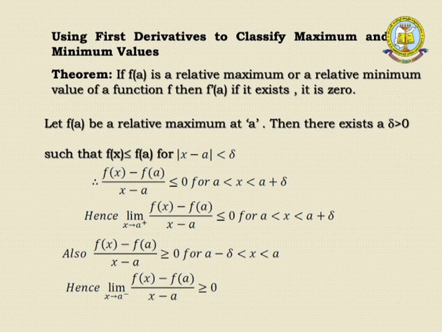What is it? It is the right hand derivative, that is, the limit as x tends to a plus of f of x minus f of a by x minus a is less than or equal to 0. Also, when the right derivative is less than or equal to 0, then the left derivative will be greater than or equal to 0. That means the limit as x tends to a minus of f of x minus f of a by x minus a is greater than or equal to 0.